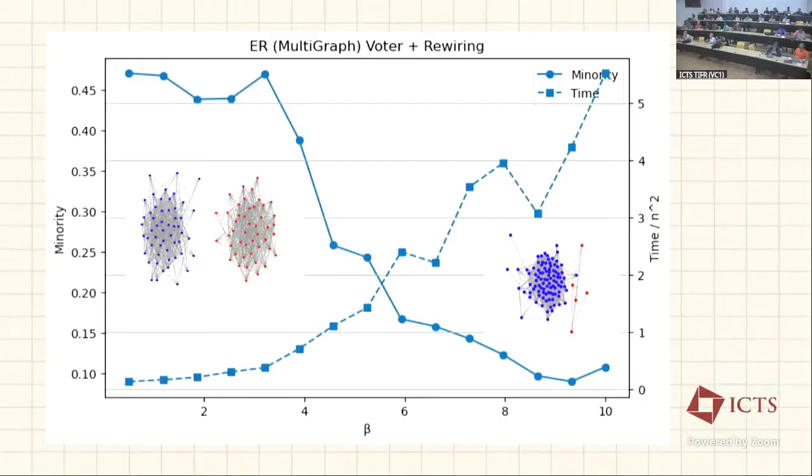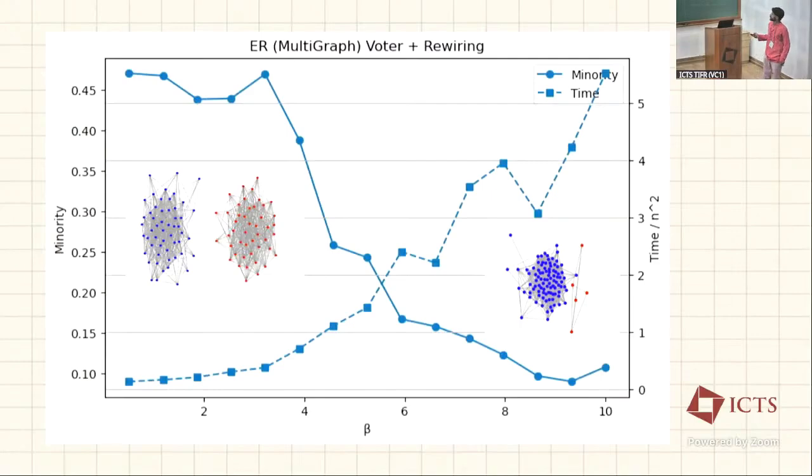Not exactly, but we can think it will be somewhere near 0.3. Just to add on, we can calculate beta critical, but it will depend upon the size of the network. We do have the half minority. So thank you very much.